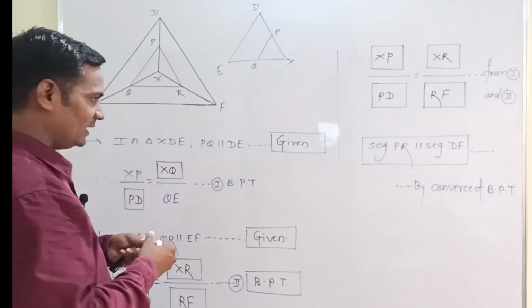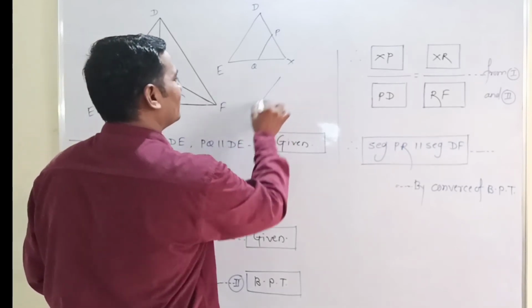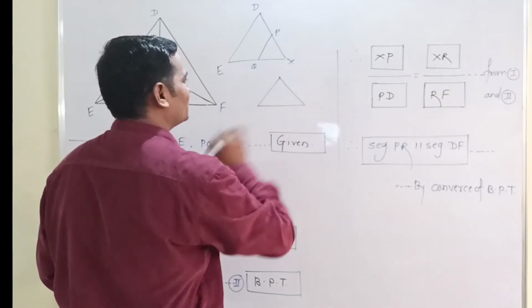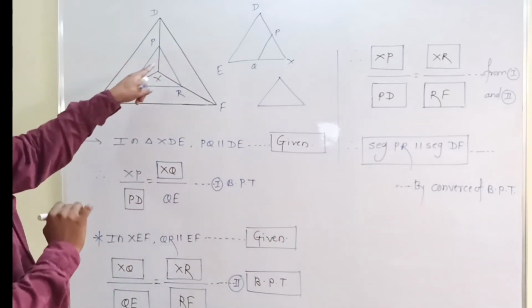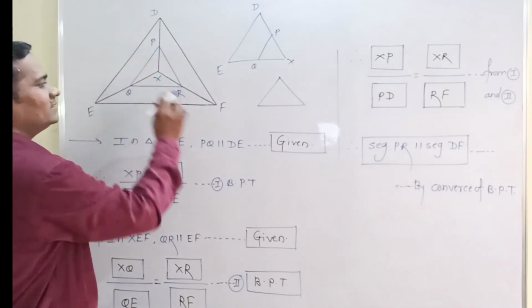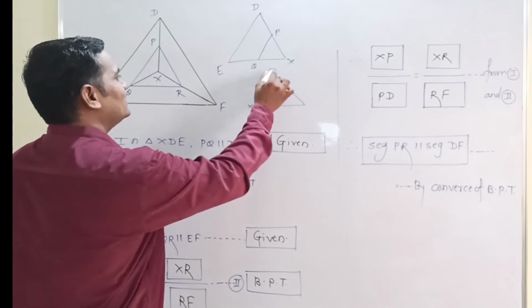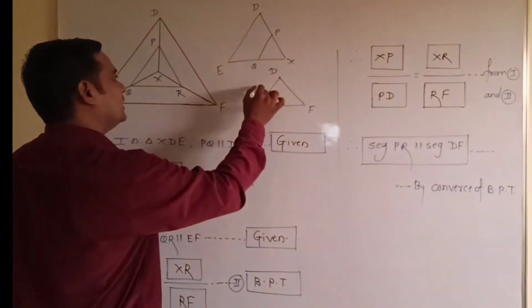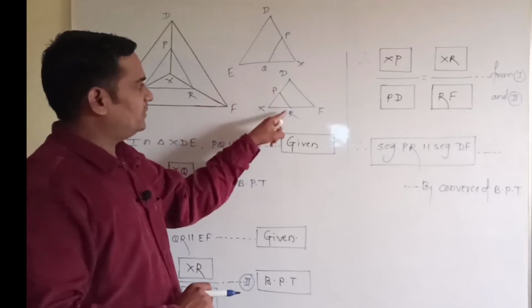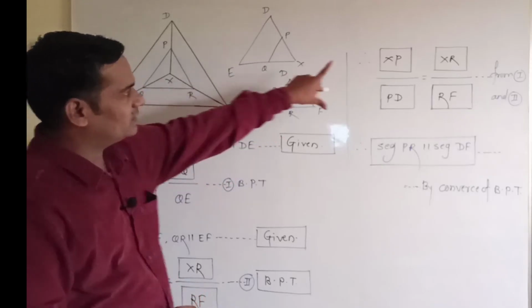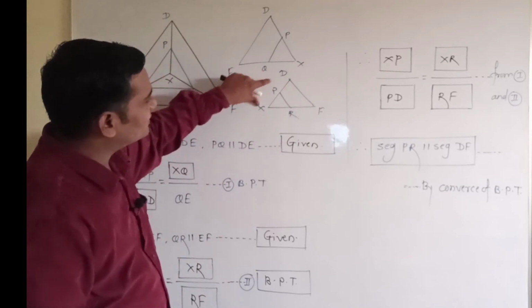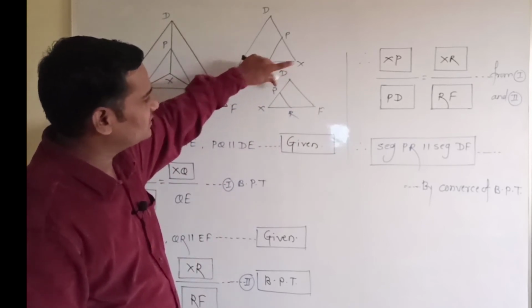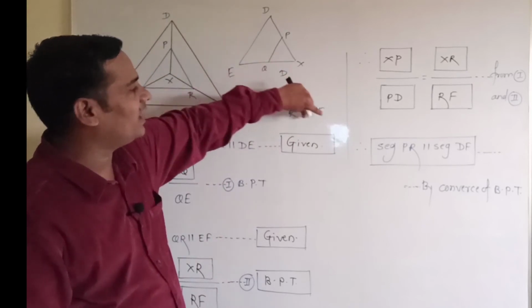Again, we can draw that little figure over here. Look at this. Suppose this angle is here, X is here, D is here, and F is here. So this is the line PR. Now look at the ratio here. XP upon PD is equal to XR upon RF.